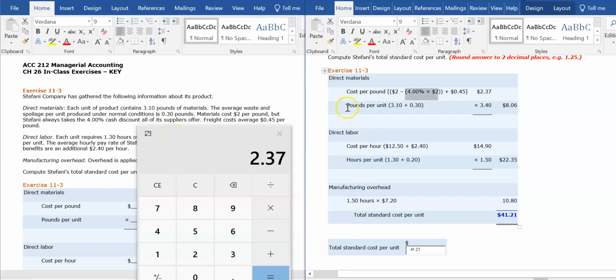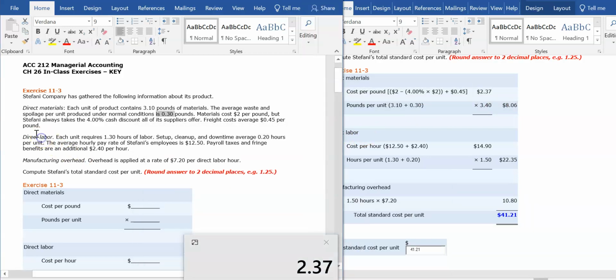In other words, we need to plan on a standard of 3.4 pounds of materials to produce each unit. The total standard cost for direct materials is the $2.37 standard cost per pound times the 3.4 standard amount of materials used, for a standard cost of $8.06. In other words, we are budgeting $8.06 in material costs per unit produced.